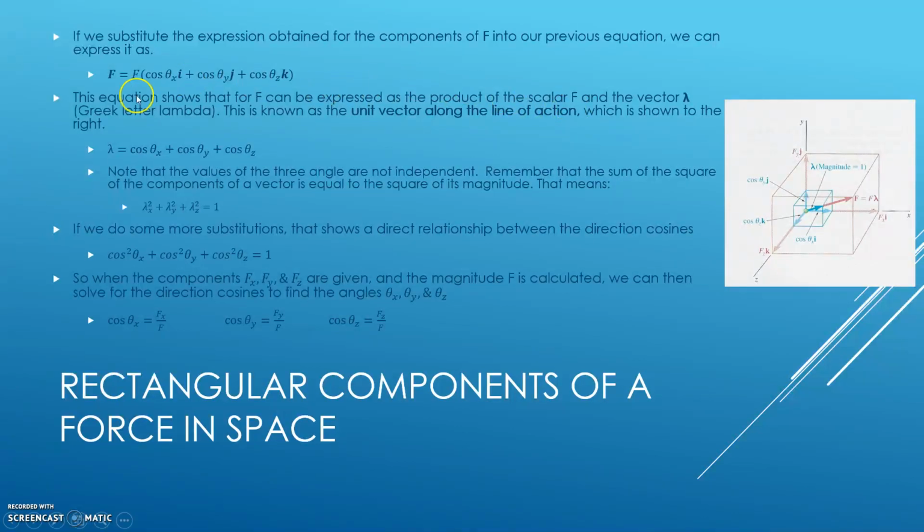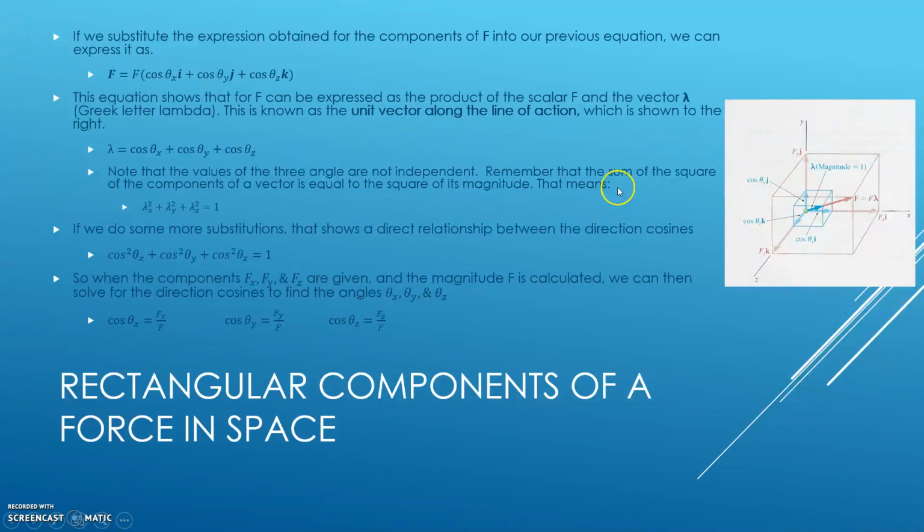Okay, and what we can get is lambda equals the different direction cosines added together. And notice all three of these are going to be less than 1. So these values of the three angles are not independent.